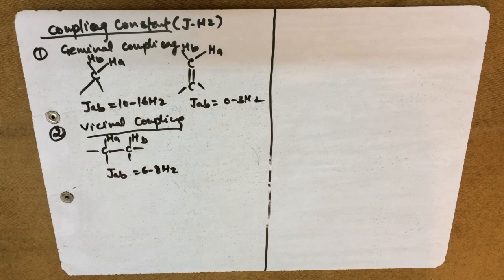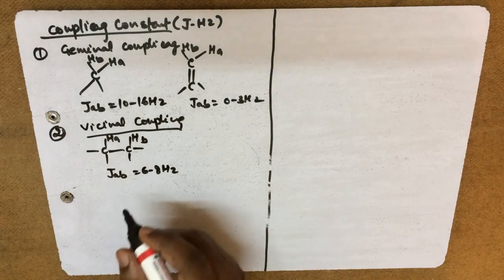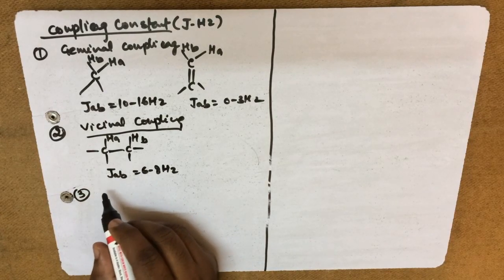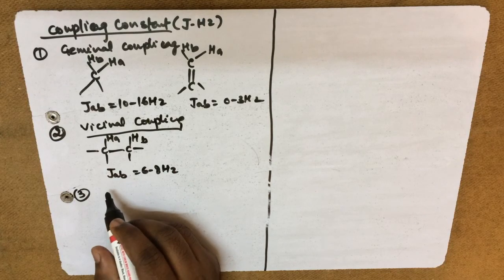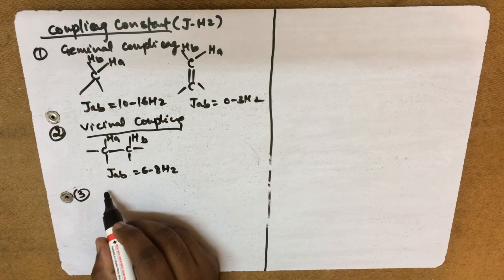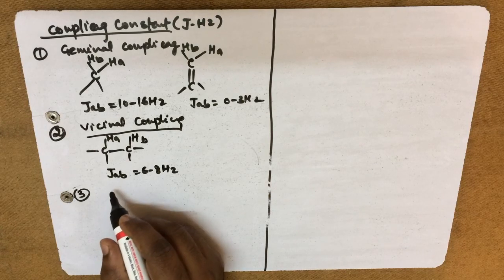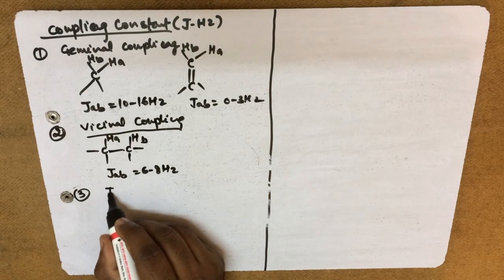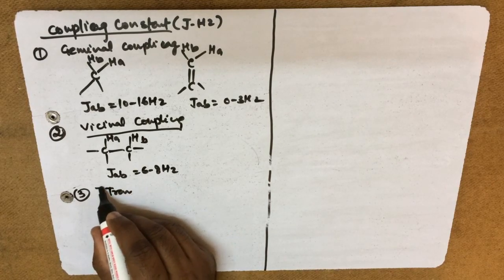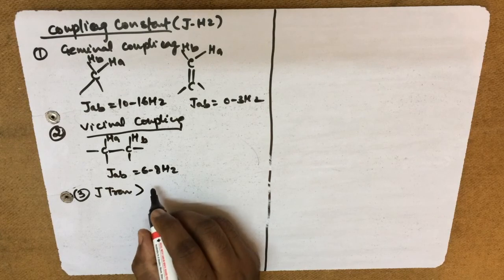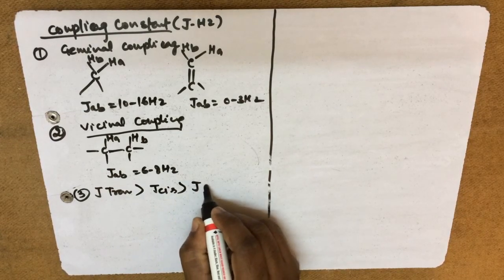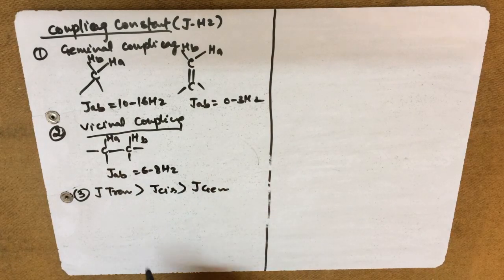Next thing, which is very important, third, trans J coupling. Trans J coupling is higher than that of cis. The trans coupling constant will be higher than J cis, higher than J geminal coupling.